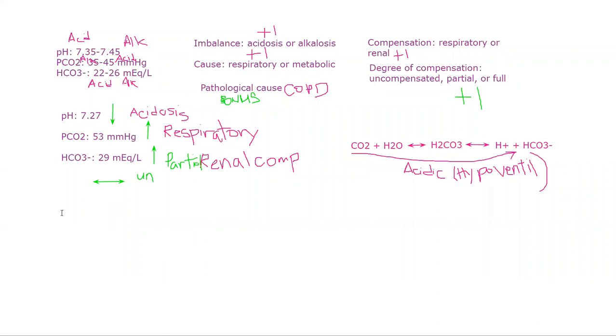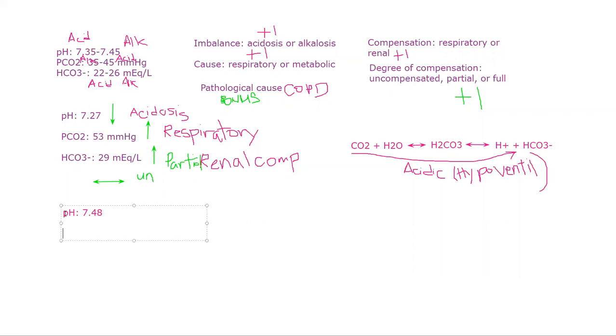So the next thing we want to do is look at another problem. So we're going to go ahead and go to a second problem, and I got to find one really quick. Okay, let's do this one. Okay, so the pH in this case is 7.48.